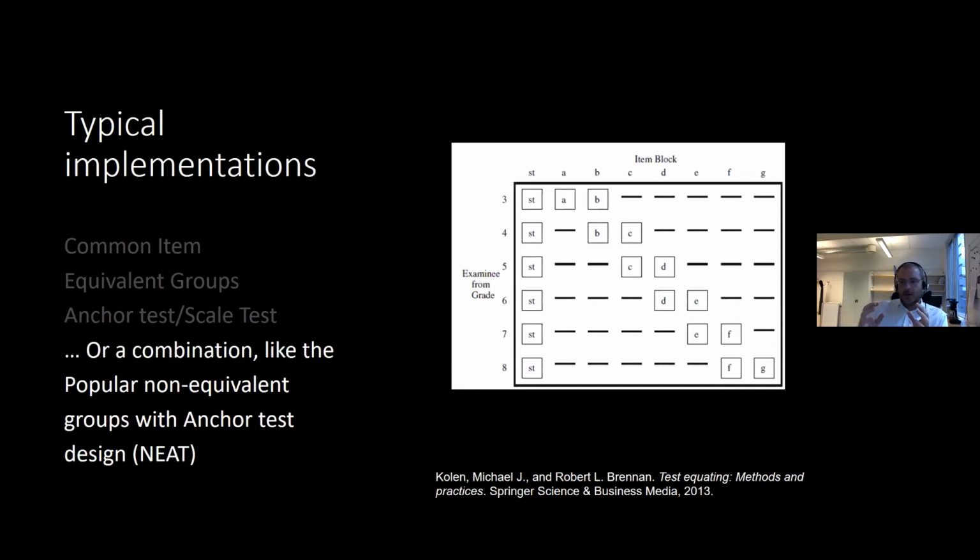But you need enough shared items to represent the construct you're measuring. So you need to sample your construct properly in this anchor, or this shared item, common item pool. So it depends on how complex your construct is, and it depends on the types of items.